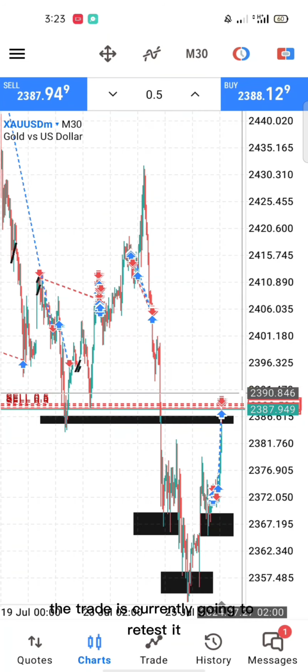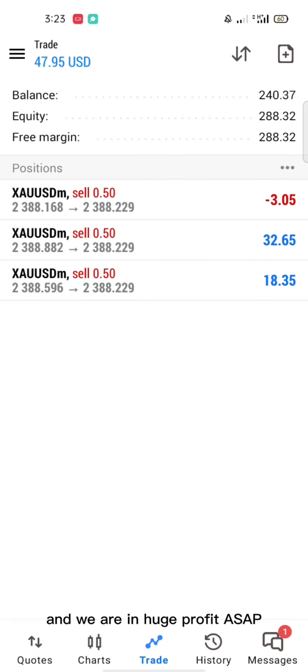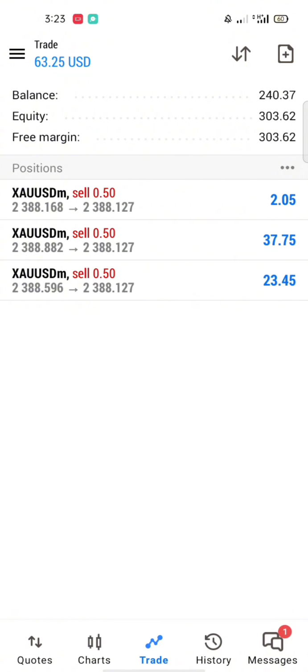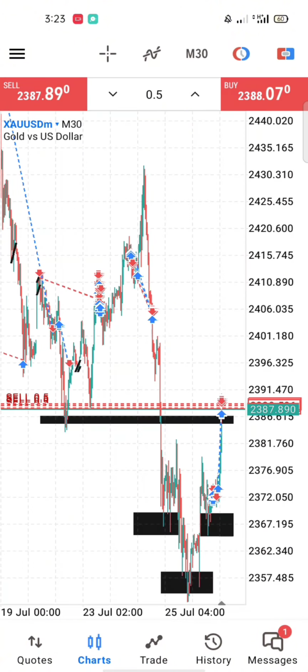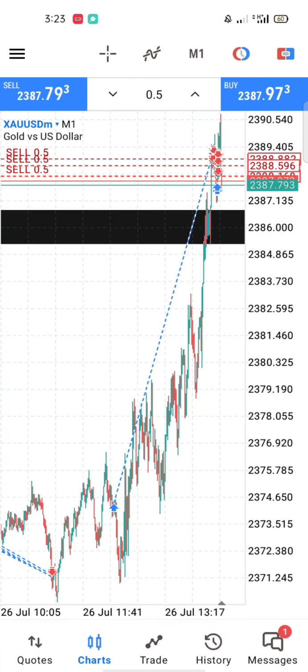The trade is currently retesting it and will give us huge profits ASAP. So let's keep watching the trade. I'm expecting it to continue selling massively to the downside.